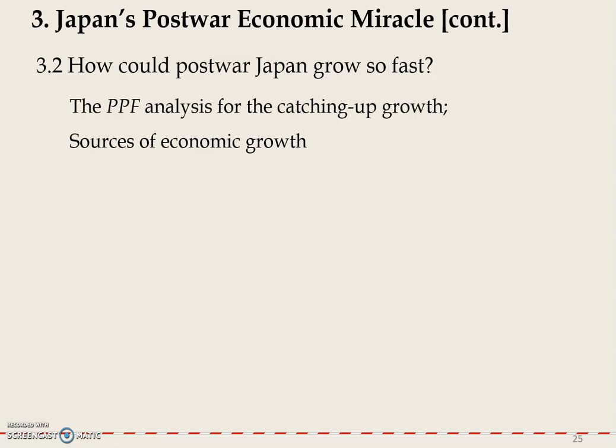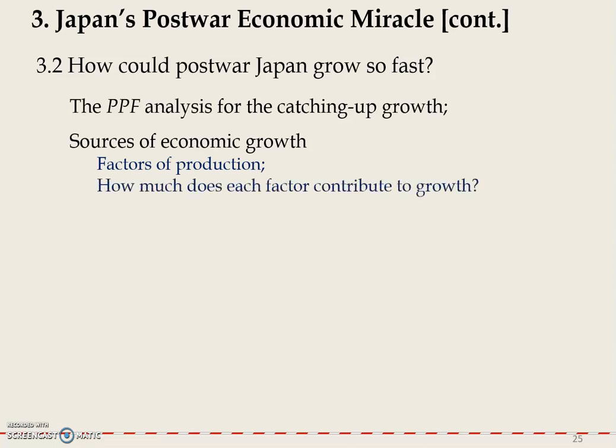So here, in terms of the sources, we said that we have at least four factors of production: land, labor, capital, and technology. With more data available, we certainly want to know how much each factor contributes to growth.